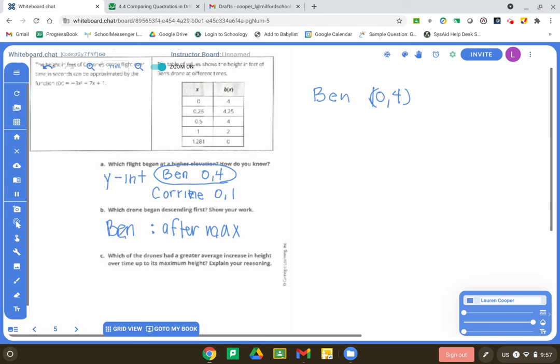Sorry, this is not working well. 0.25, 4.25. Okay. So I'm going to find the slope here. So I'm going to do 4 minus 4.25 over 0 minus 0.25.